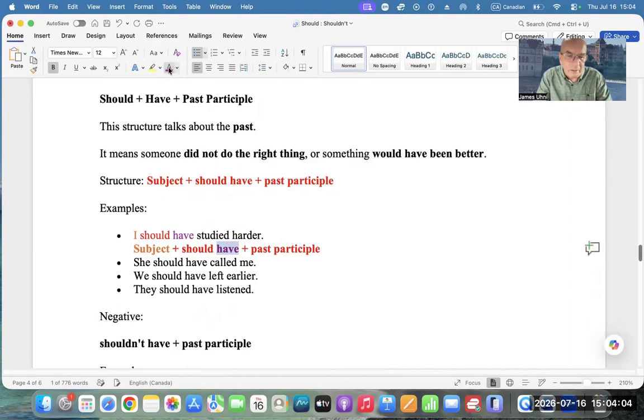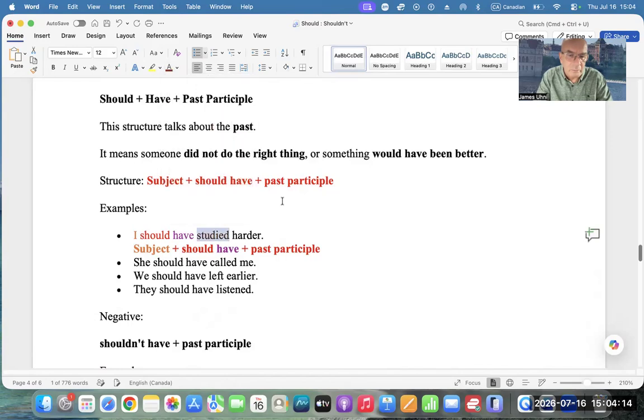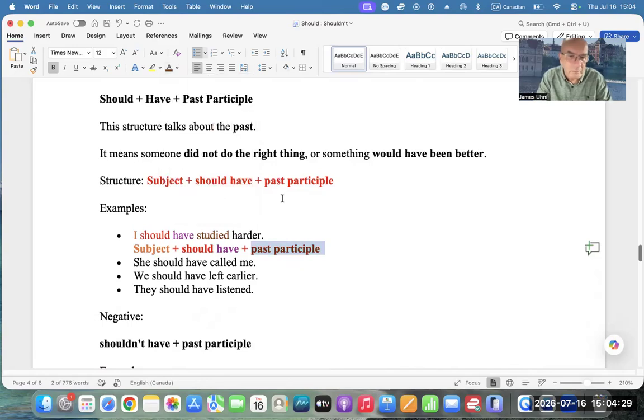And past participle, studied. So studied, I will make the past participle brown, purposely. So then what is harder? Can you tell me what is harder?